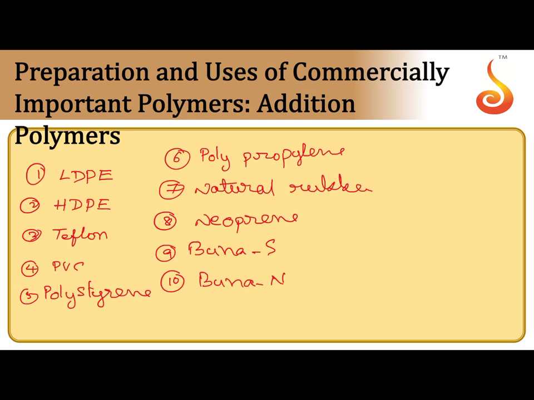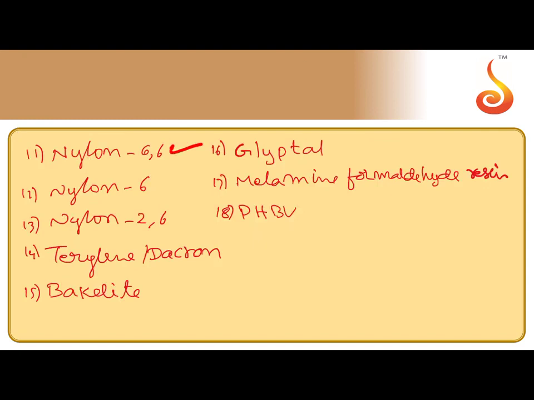Next, from the polymers chapter, what you have to do, best method, you collect the number of polymers: LDPE, HDPE, Teflon, PVC, polystyrene, polypropylene, natural rubber, neoprene, buna, nylon 6,6, nylon 6, nylon 2,6, terylene or Dacron, bakelite, glyptal, melamine formaldehyde resin, PHBV.